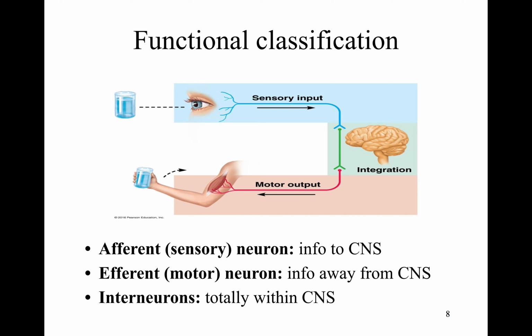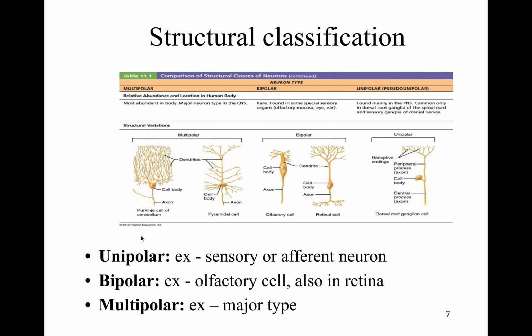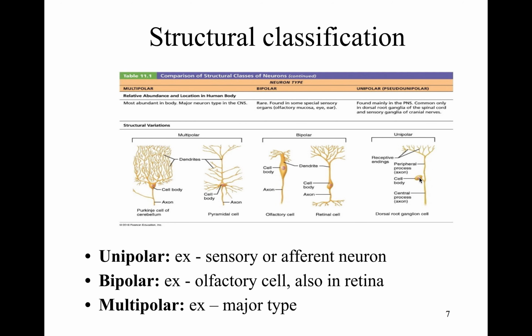So the functional classification is going to be afferent or sensory neurons, bringing information to the central nervous system. The structural classification of these neurons is unipolar. So most sensory or afferent neurons are unipolar, which means they're going to have this cell body at the center and then one single cellular extension, which is this weird shaped axon.